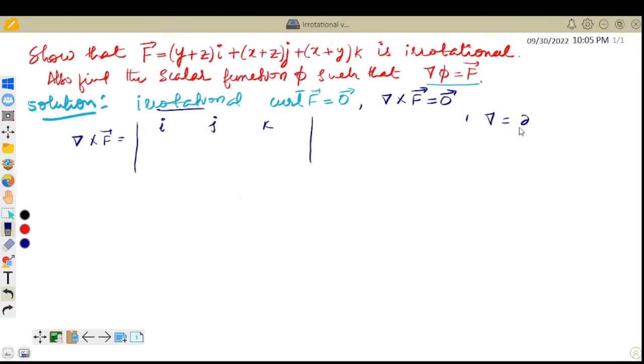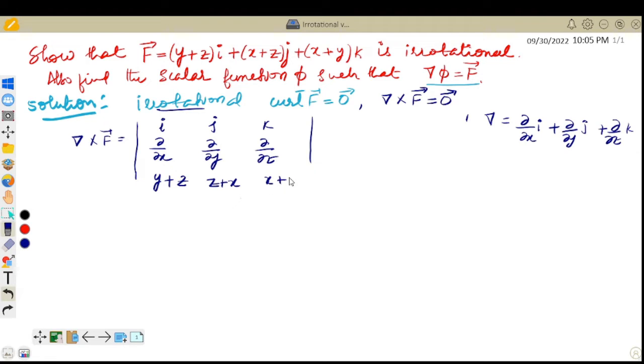Del means dou by dou x i plus dou by dou y j plus dou by dou z k. So we write dou by dou x, dou by dou y, dou by dou z. In the third row we write the coefficients of i, j, k of vector f, which are y plus z, z plus x, x plus y.